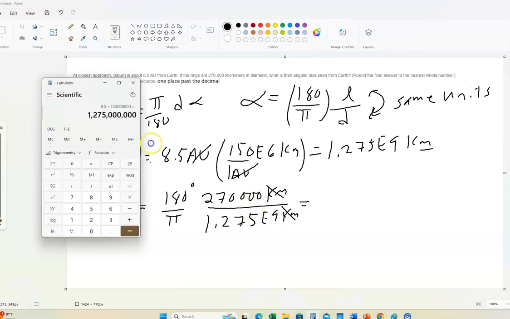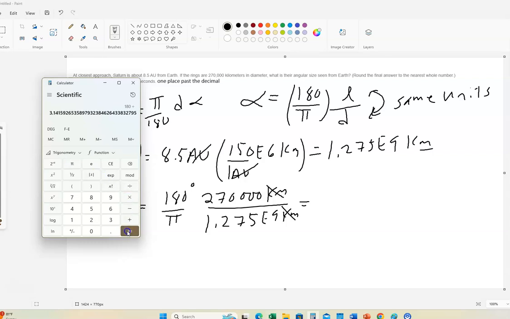All right, so I've got this number. We're going to divide by that. Remember that number is the same as 1.275 times 10 to the ninth, right? So I'm going to store that in my calculator. All right, so I'm going to say 180 divided by pi.